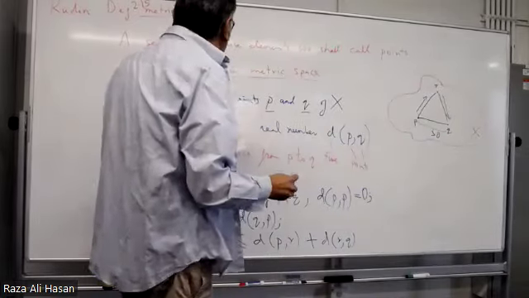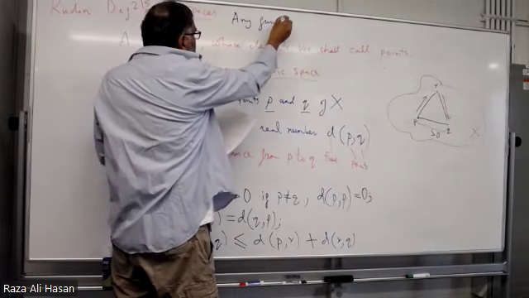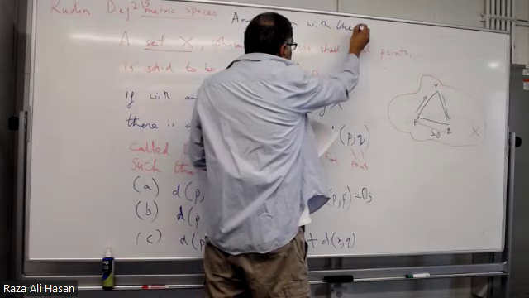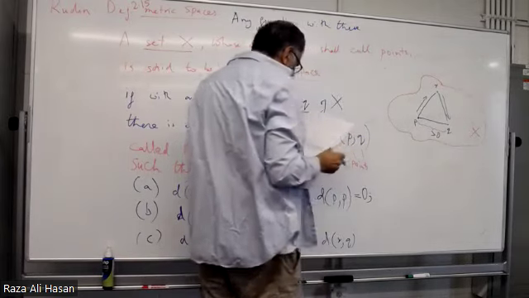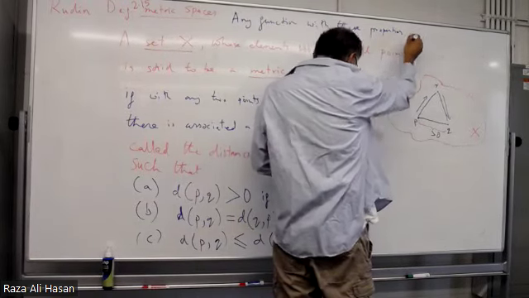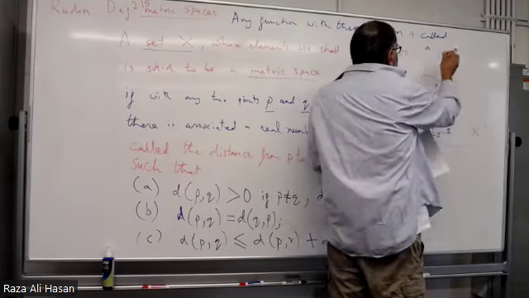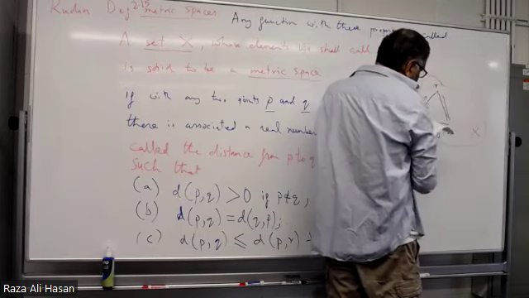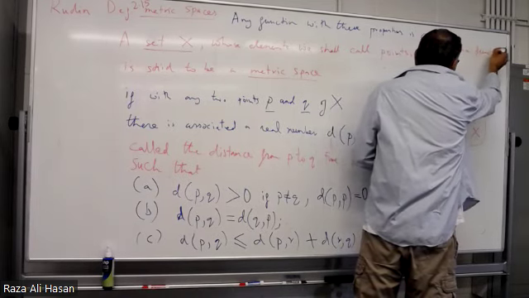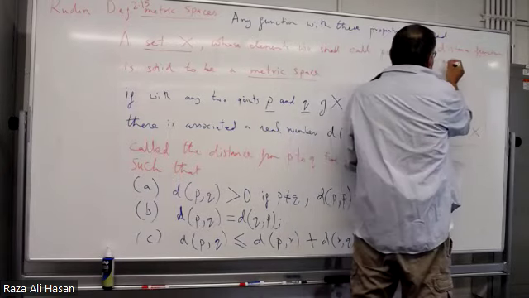And then Professor Rudin says any function with these 3 properties is called a distance function, or a metric.